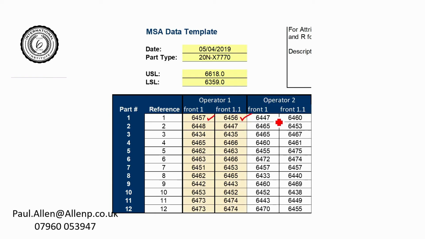So each one of these is the same setting of the machine. So in other words, if the measurement system worked perfectly, what you would get here is 40 data points all sitting in exactly the same place with no variability.